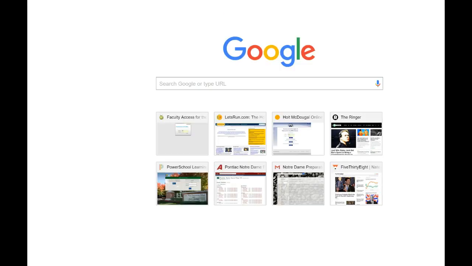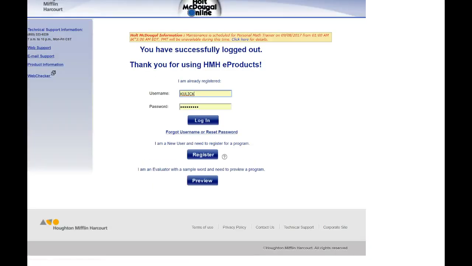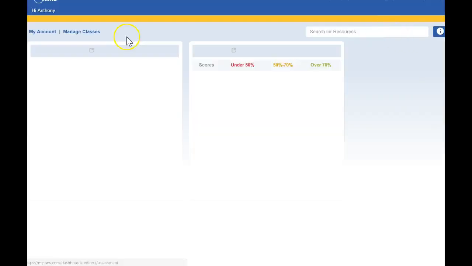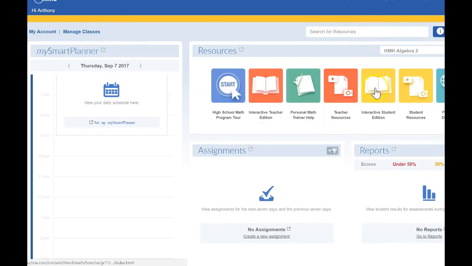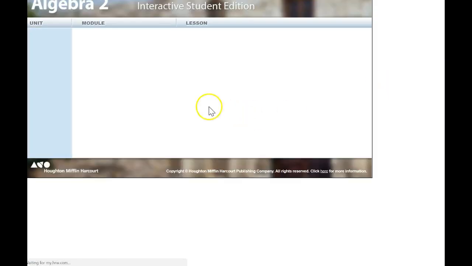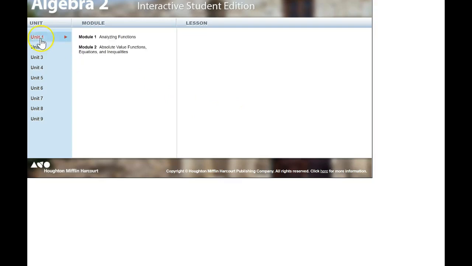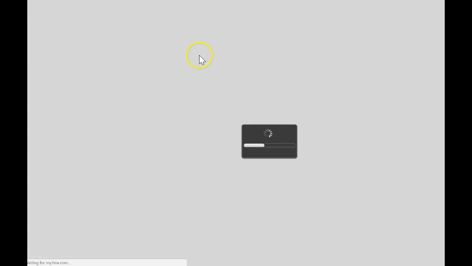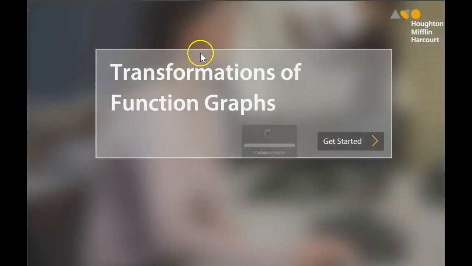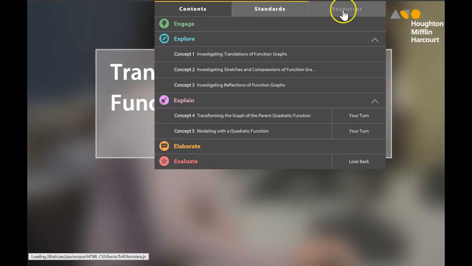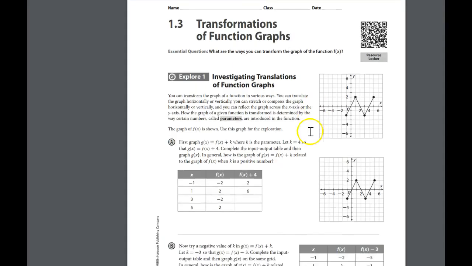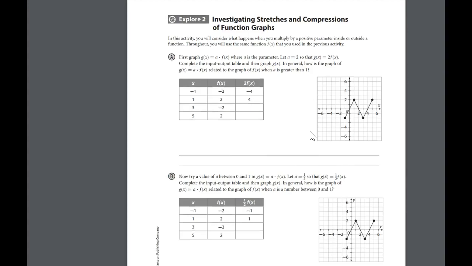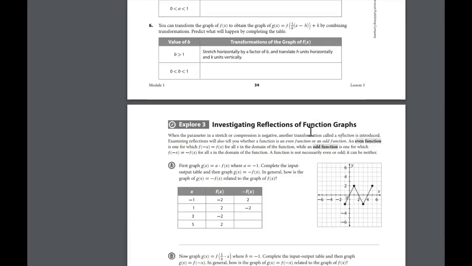Rather than me trying to draw this in, since I have the option, I can just display the actual section from the textbook. And you guys are saved from me having to do some really dreadful drawing on my part.